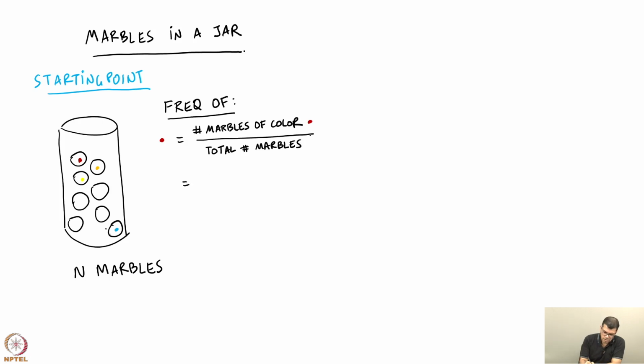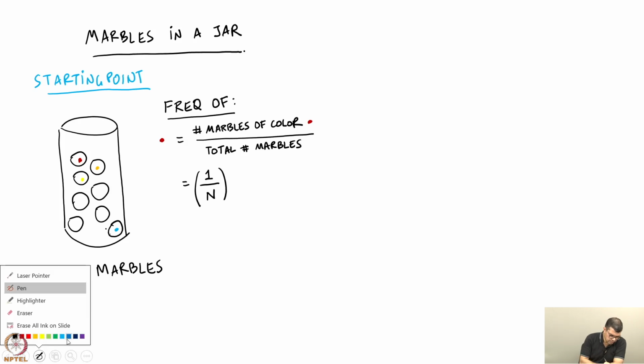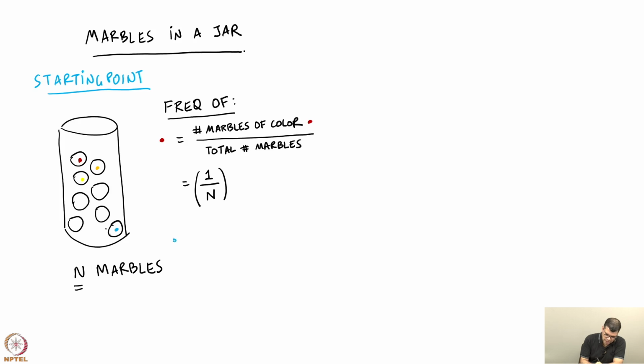So, the number of marbles of color red is simply 1 and the total number of marbles is n. So, the frequency of red colored marbles is 1 by n. Similarly, the frequency of any other color will also be equal to 1 upon n.